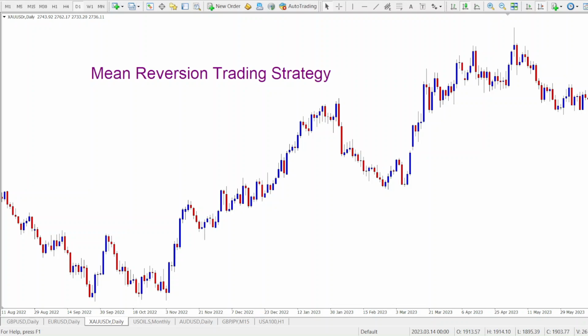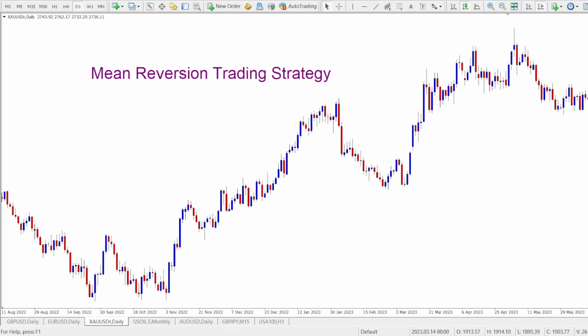First things first, what is mean reversion? It's good that you understand the concept. In simple terms, mean reversion is the theory that prices will eventually return to their historical average over time. Basically, that is what this strategy is based on.